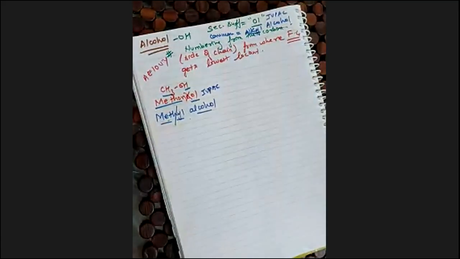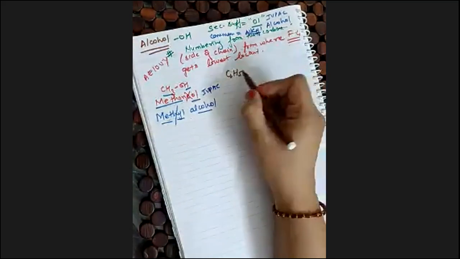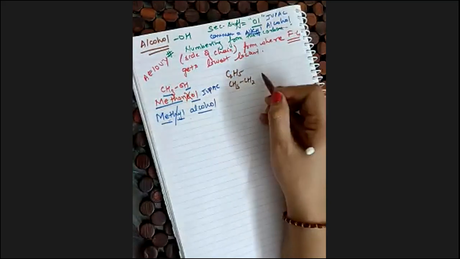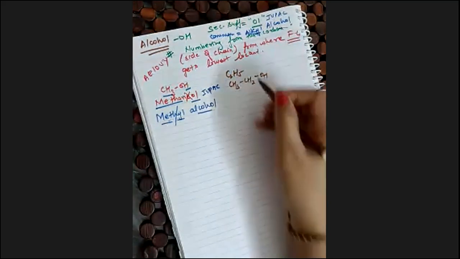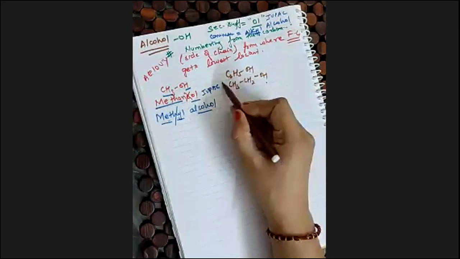Let me give you one more example: CH3CH2OH. You can get this written like this also, but while doing nomenclature they usually give it like this.